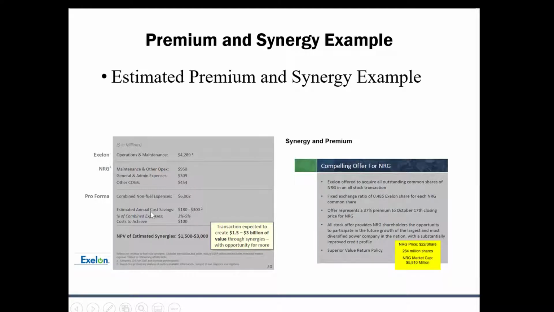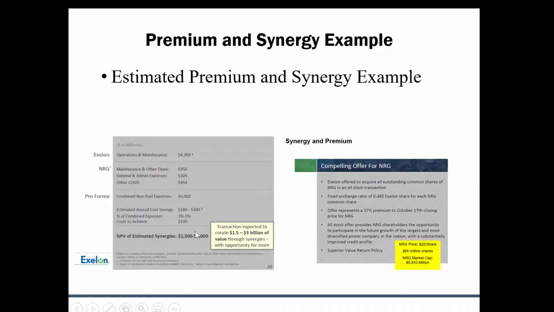And they estimated annual savings. It looks like they put the O&M together, and that's so simplistic. It was mind-boggling, really. You put the O&M together of this company and that company, and you take 3 or 5% of the operation and maintenance cost, and then they said they have to spend a little to achieve it.